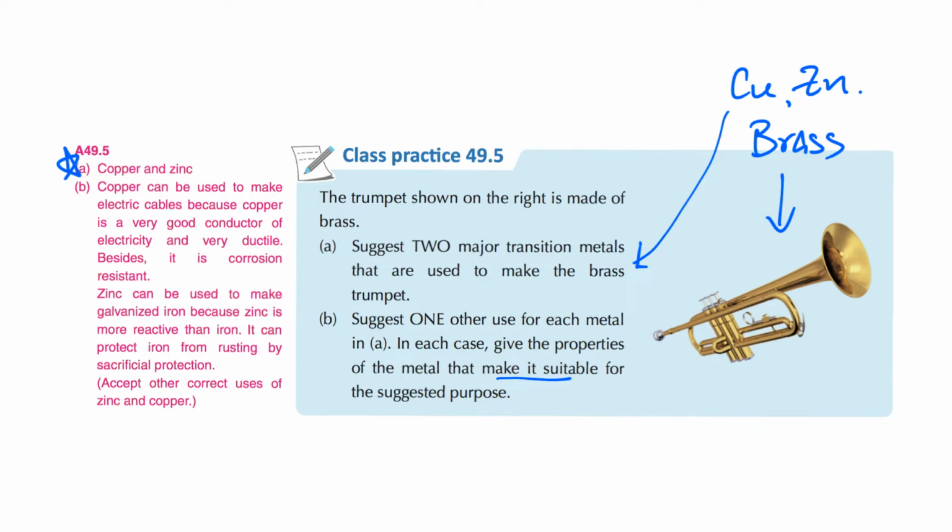So copper, normally we say electrical wire because of its good electrical conductivity. Zinc, you can say galvanized iron, because zinc is more reactive than iron and protects iron from rusting by sacrificial protection. So you have to remember some examples and some of the features of why they can be used.